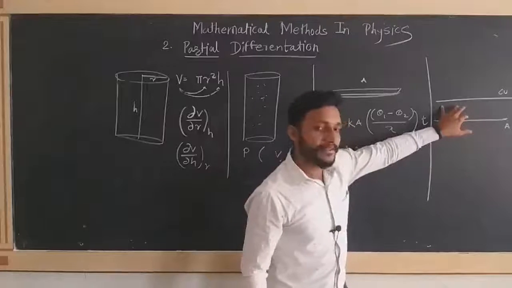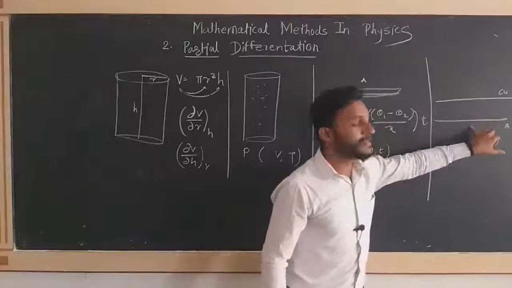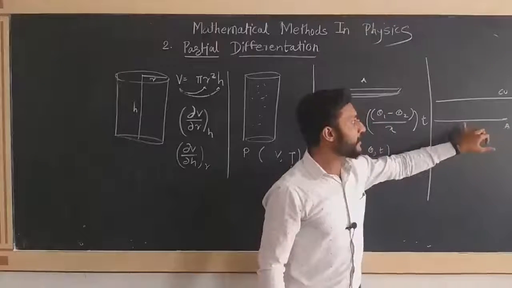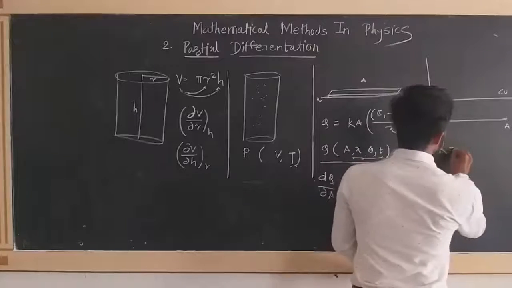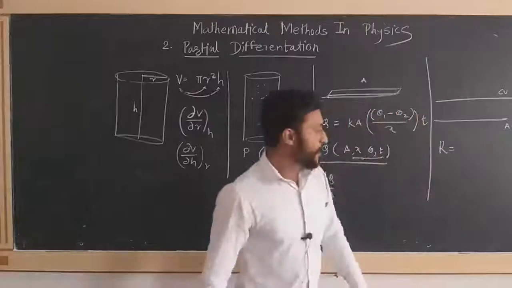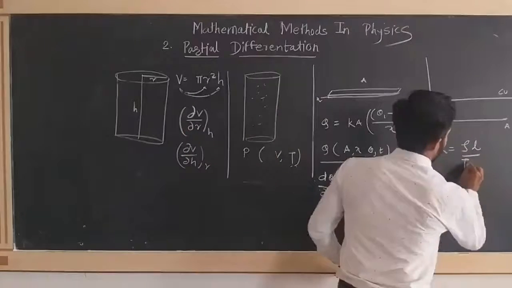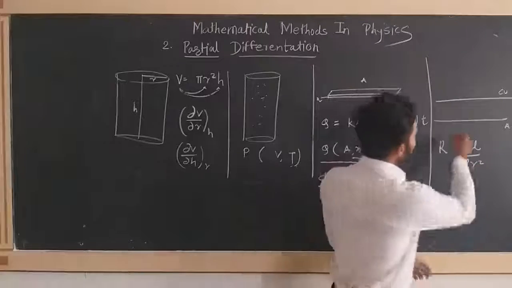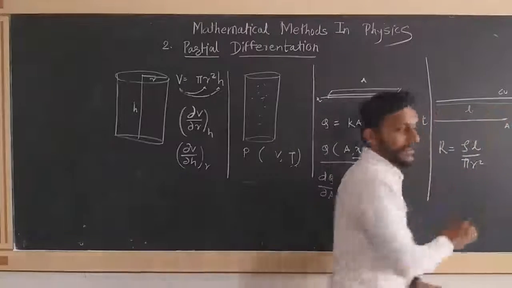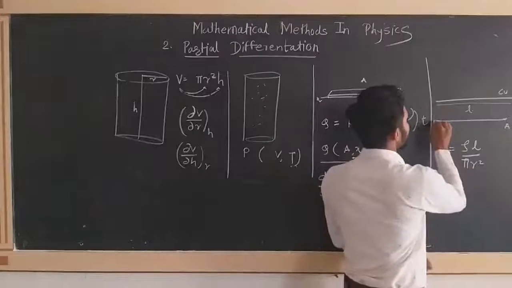So it has less resistance. We know that resistance is equal to rho L upon pi r square, where rho is the constant, L is the length of the wire and r is the radius of the wire.